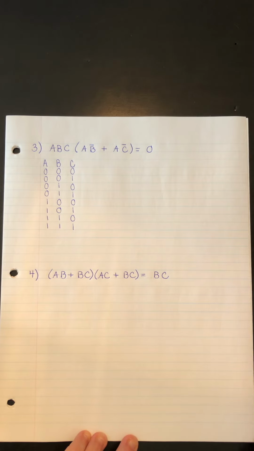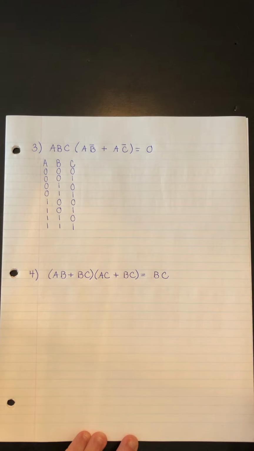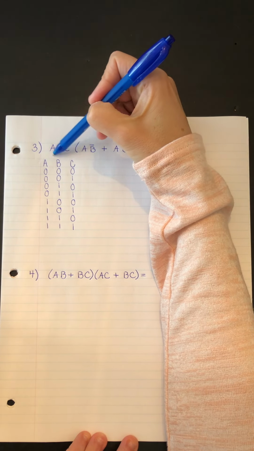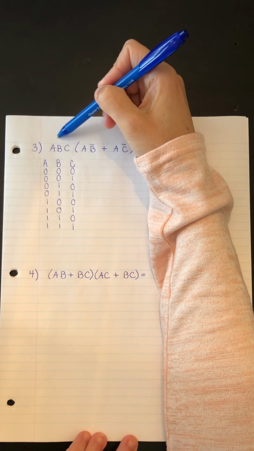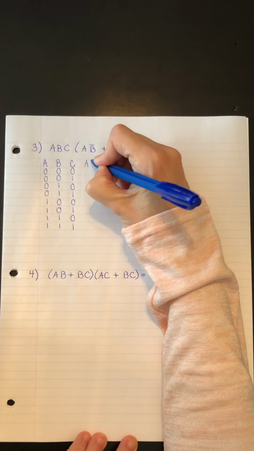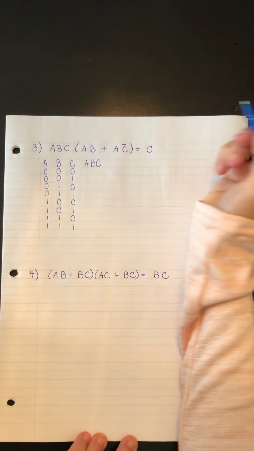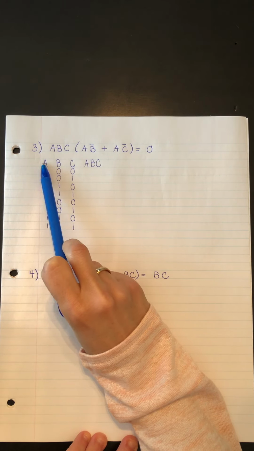Okay, now all we need to do is set up this left side. And again, order doesn't matter. I might set up this column now. This is an AND gate with the 3 inputs. So I can accomplish that in one column. I just have to make sure I multiply all 3 columns together.